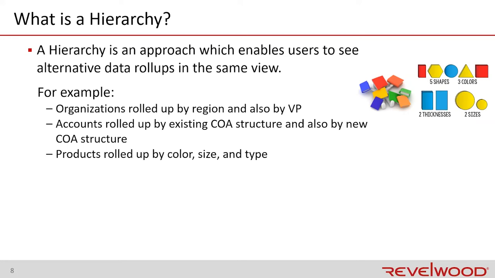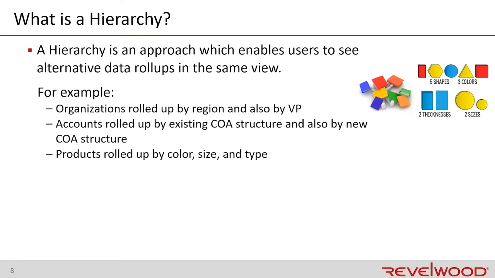So examples would be organizations in your company that might be rolled up by region, but also by vice president or by the people responsible. Or accounts can have an existing chart of accounts as well as a new chart of accounts, etc.